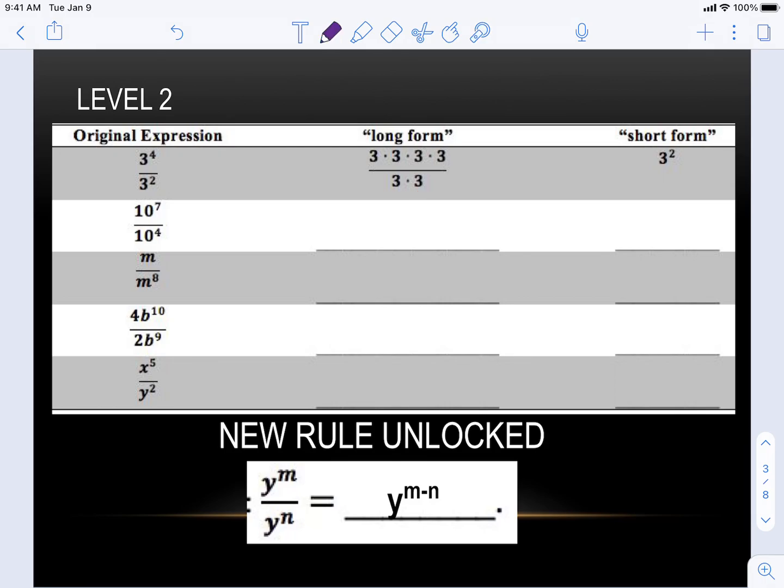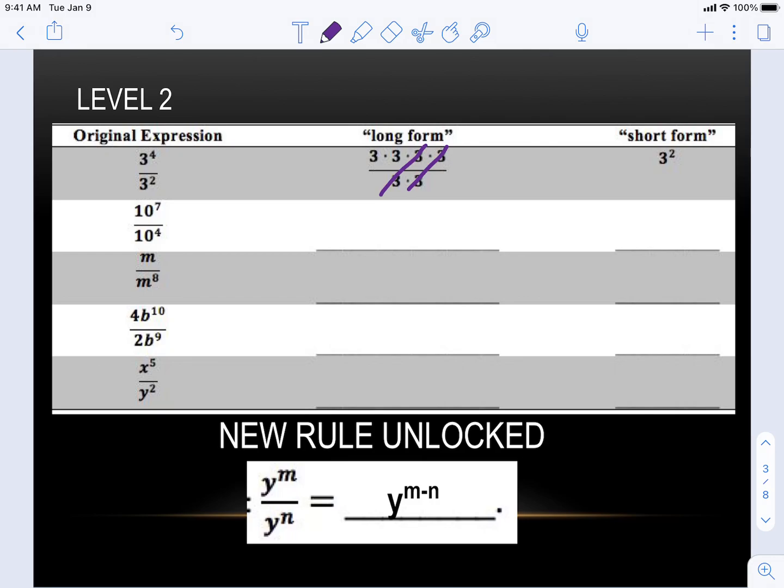And what happens in a fraction when you have a matching number on top and bottom is they cancel out. So we could cancel out 2 of those 3s, and what am I left with? 3 times 3, which would be 3 squared. So that's why this rule works the way it does: when you have a quotient, you subtract the bottom exponent from the top one, m minus n.